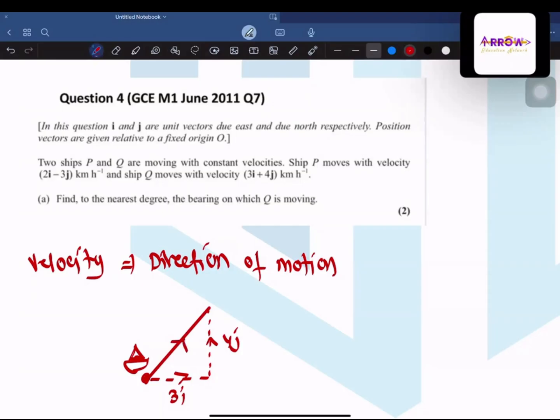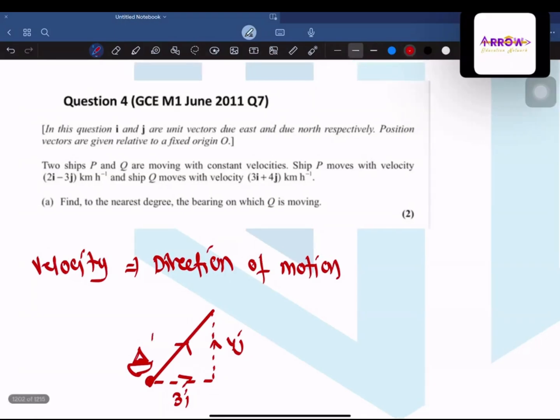And we need to find the bearing over here. So I'm going to make a north on the starting point, and I need to find the bearing. Bearing will be measured clockwise from the north, up to the line of the direction of motion. Let's say this acute angle from the horizontal is marked theta.